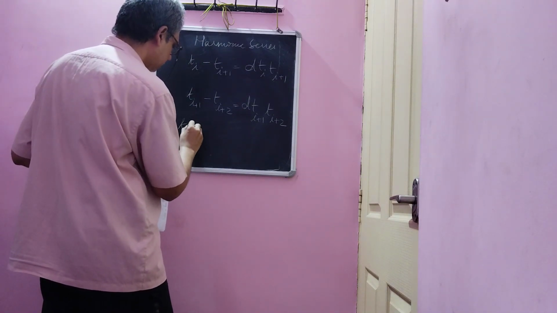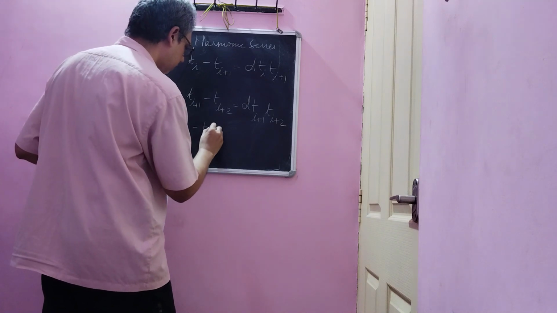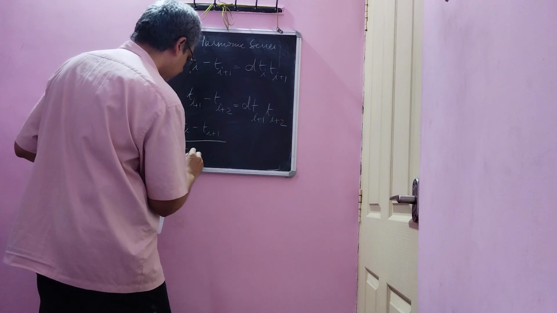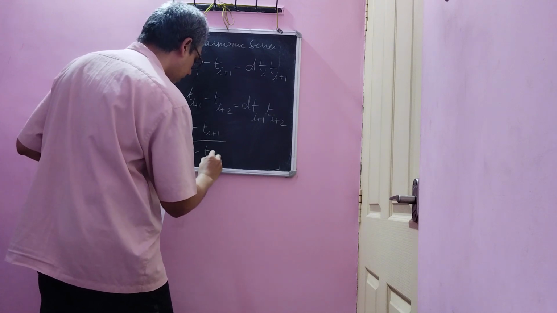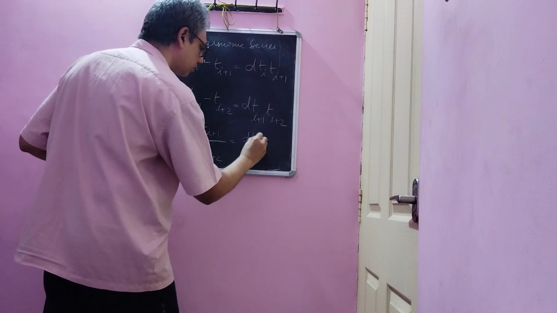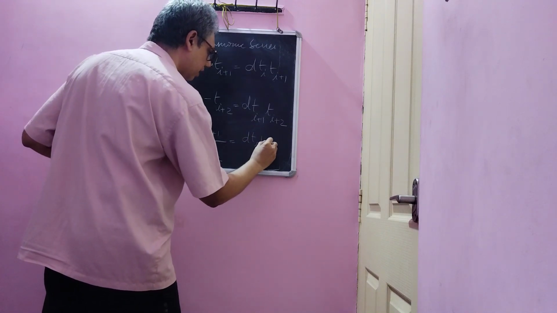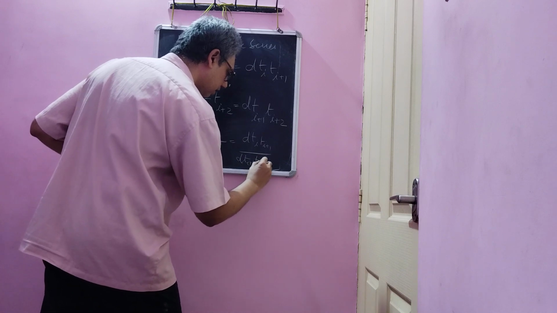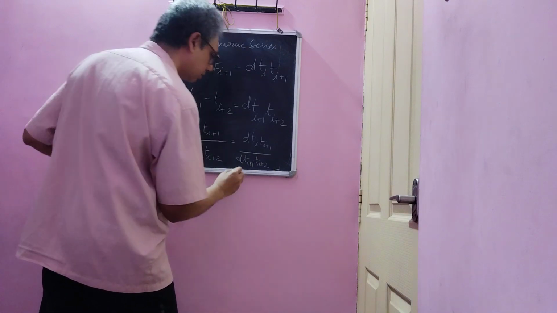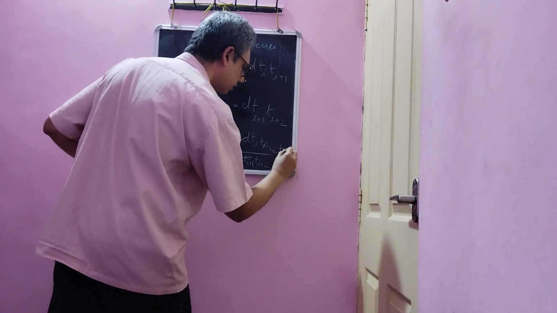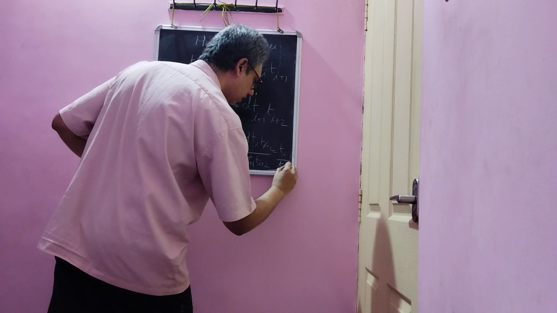So Ti minus Ti plus 1 by Ti plus 1 minus Ti plus 2 is equal to D times Ti Ti plus 1 by D times Ti plus 1 Ti plus 2, equal to Ti by Ti plus 2.